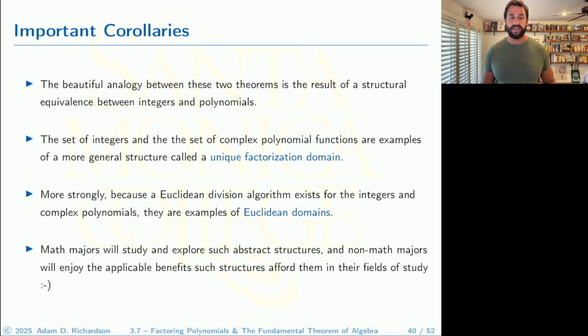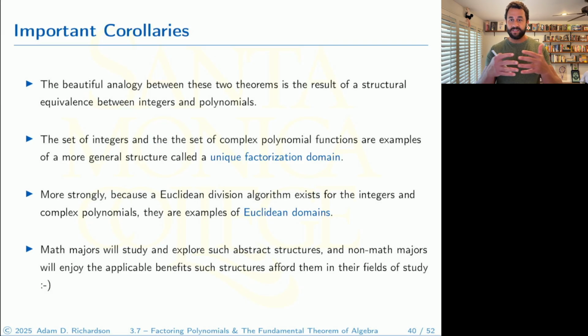There's a reason for that. One of the reasons that we reviewed that back in chapter 1 and that we're talking about it now is because there is a really beautiful structural equivalence between integers and polynomials. That's not a coincidence. One of my old advisors used to say that in mathematics we don't believe in coincidence.